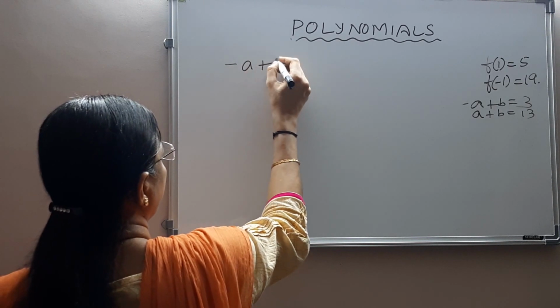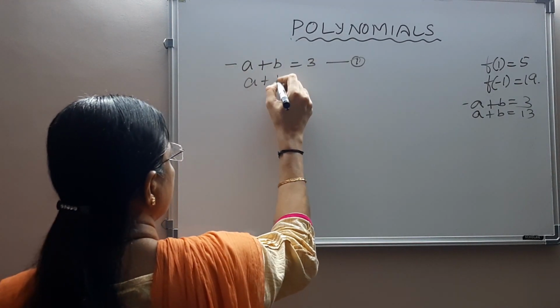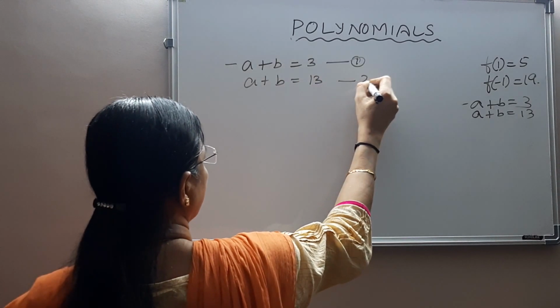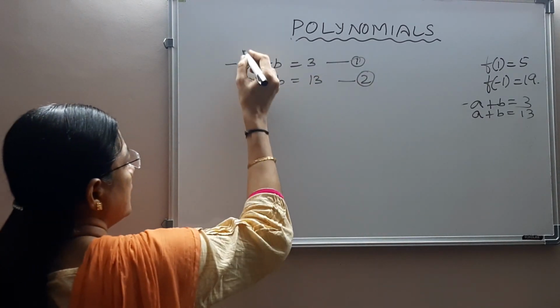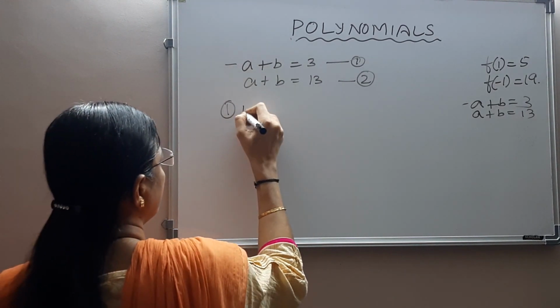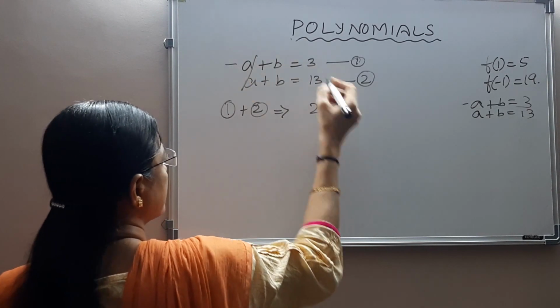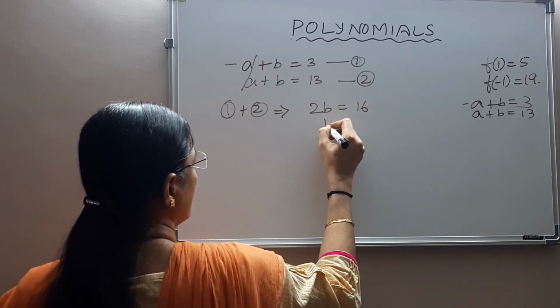Minus a plus b is equal to 3 is my first equation and a plus b is equal to 13 is my second equation. Now see, directly I can add both the equations.